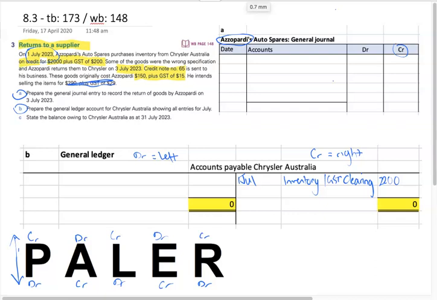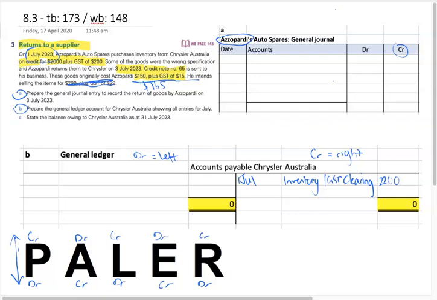We're not going to pay for something that we're not happy with, and that's been accepted by Chrysler Australia. They've sent us a credit note saying that $150 plus GST is now no longer required to be paid. This means our accounts payable is less by how much? $165.